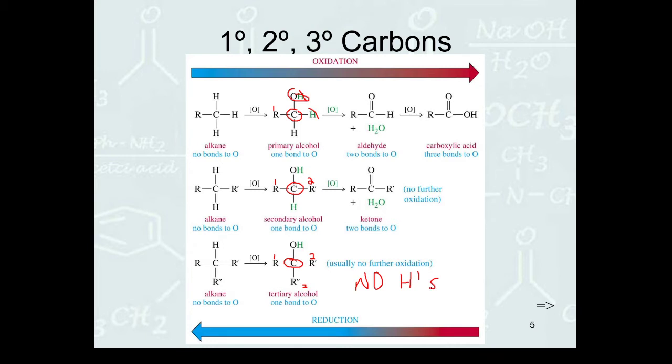Now, what makes this interesting is the fact that a primary alcohol turns into an aldehyde or a carboxylic acid. When we drink ethanol, we have an enzyme in our body known as alcohol dehydrogenase, also shorthanded ADH.